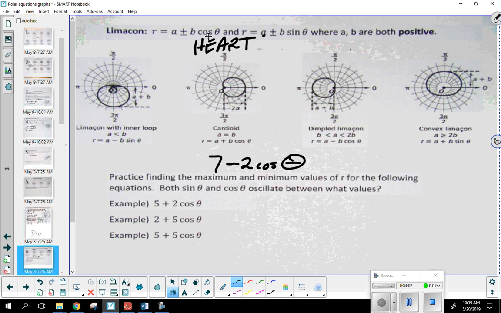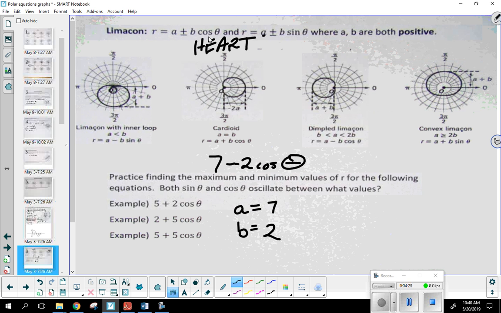Now, we want to figure out which of the four types of limaçon it is. So what's A? A is 7. What's B? 2. Very important: whenever we compare A and B, we only look at the positive value. When you simplify the equation, you include the negative, but identifying A and B, they are always positive, no matter what. So let's run through the list.